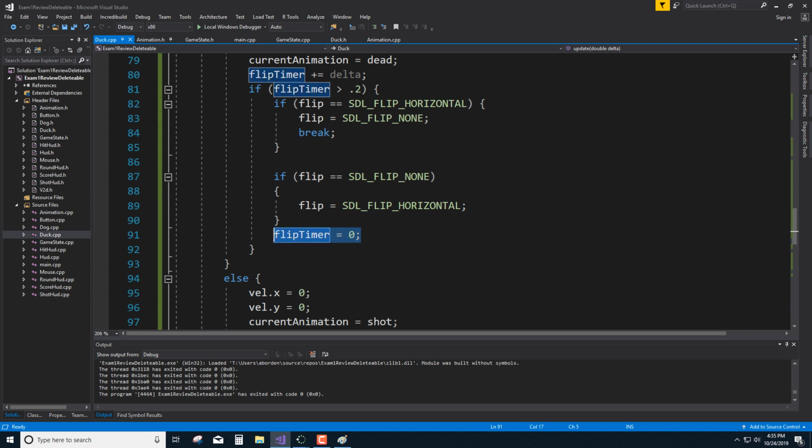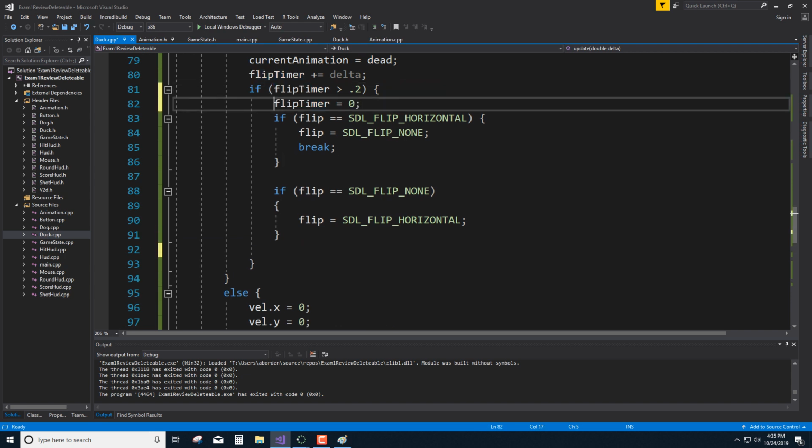This has to happen earlier. The flip timer has to be reset immediately. That should take care of it, and this will go back to 0.1.